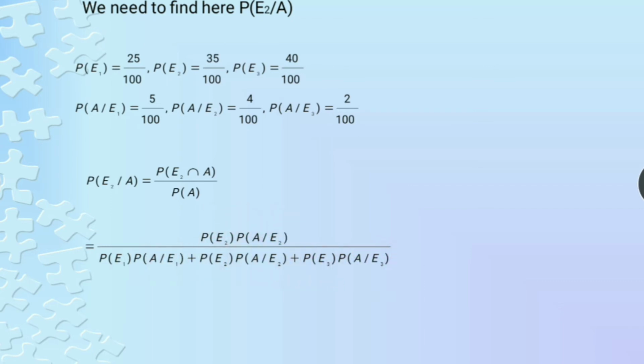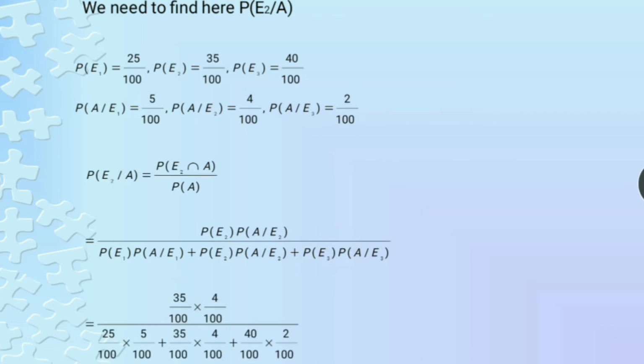We can put all these values here in this formula. What is probability of E2? 35 upon 100. Probability of A given E2, 4 upon 100, we'll put it here. Probability of E1, 25 upon 100. Probability of A given E1 is 5 upon 100, we'll put it here. Probability of E2 is 35 upon 100, probability of A given E2, 4 upon 100, we'll put it here.